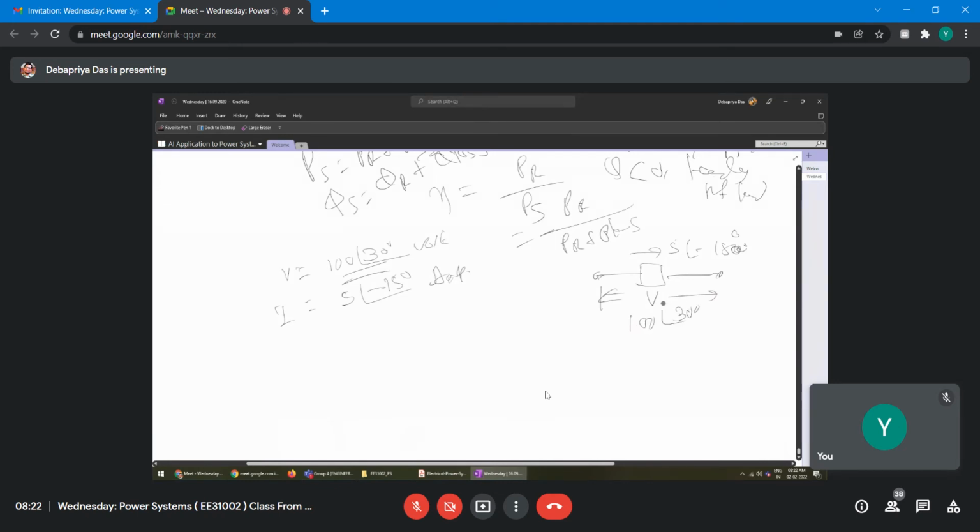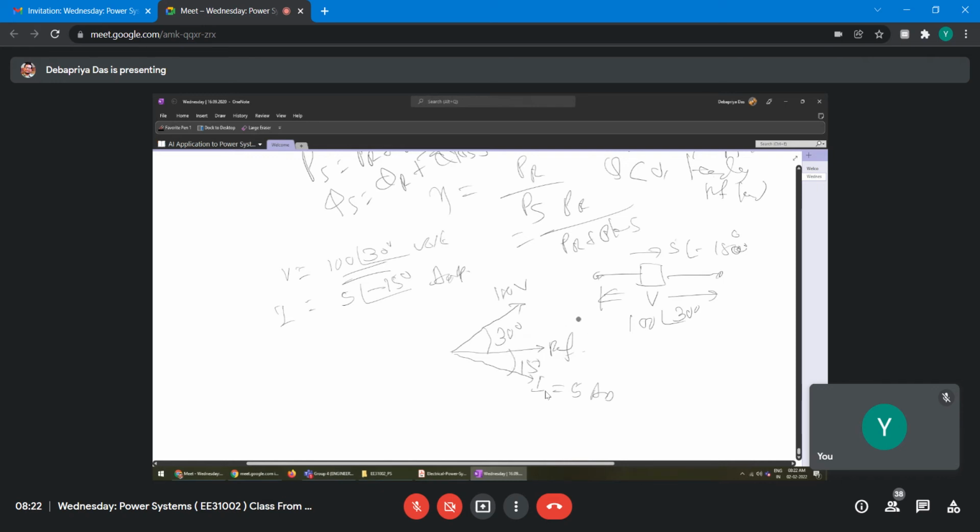Now whenever we do such a thing, if you draw the phasor diagram with respect to some reference line, then on this side it is 100 volt at 30 degree, and this side is your I, that is 5 ampere, and this angle is 15 degree.